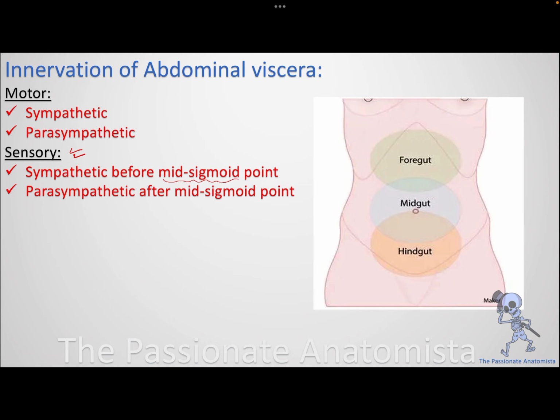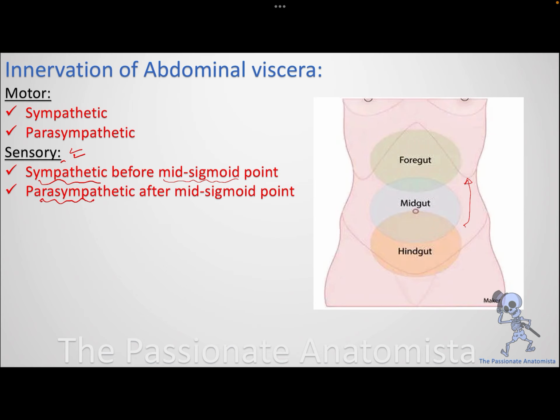If I have pain coming from above the pelvic pain line, the sensation of pain follows the sympathetic innervation. If I have pain that comes after the mid-sigmoid point, it's going to follow the parasympathetic innervation.